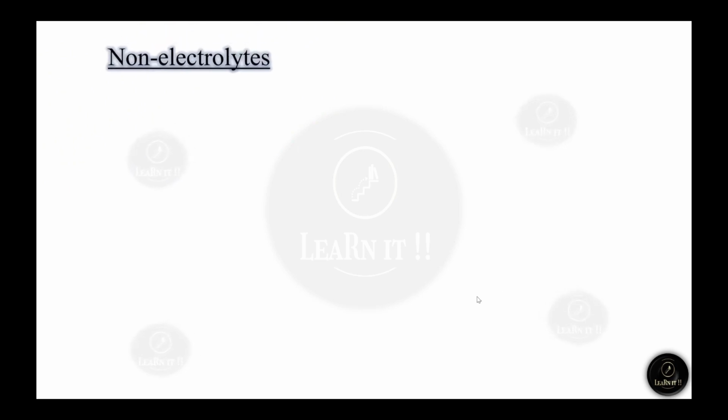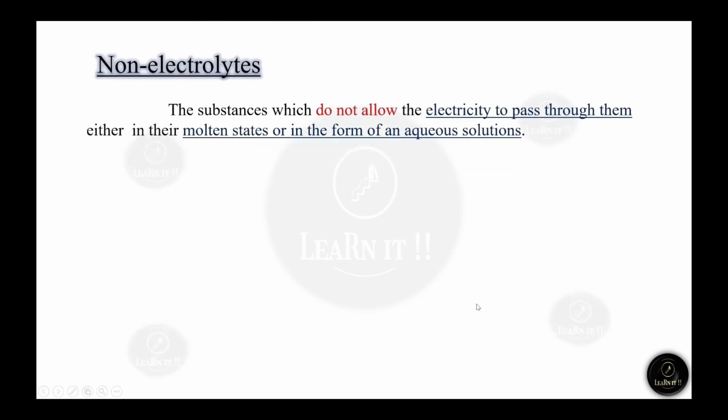Now come the non-electrolytes. Non-electrolytes are substances which do not allow electricity to pass through them either in their molten state or in the form of aqueous solutions. Generally, non-electrolytes are substances in liquid state that do not conduct electricity. Examples include oil, sugar solution, alcohol, some salt solutions.